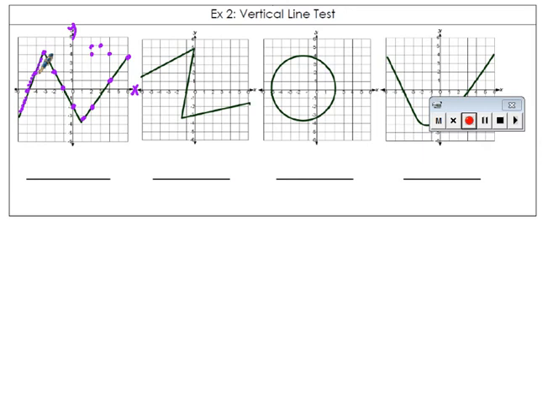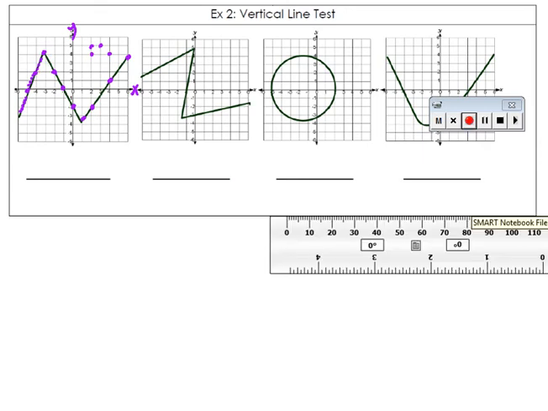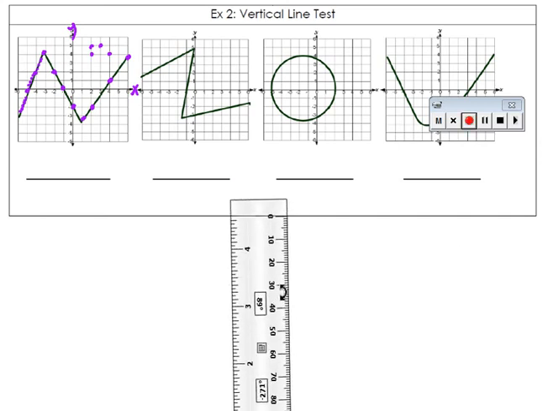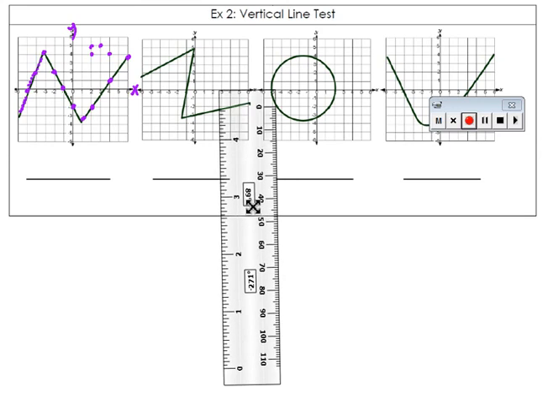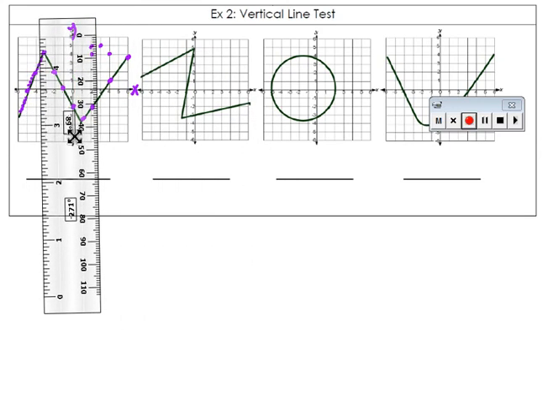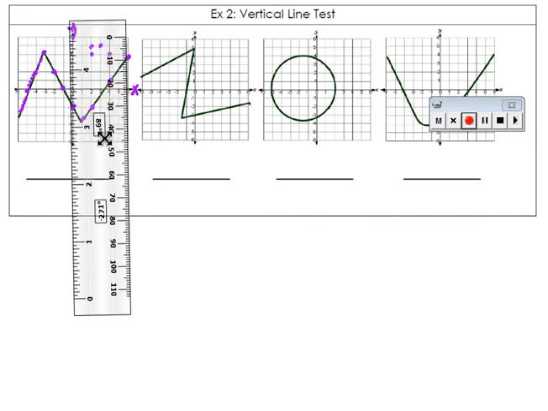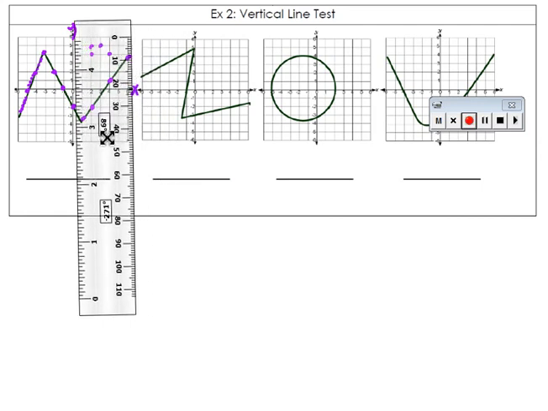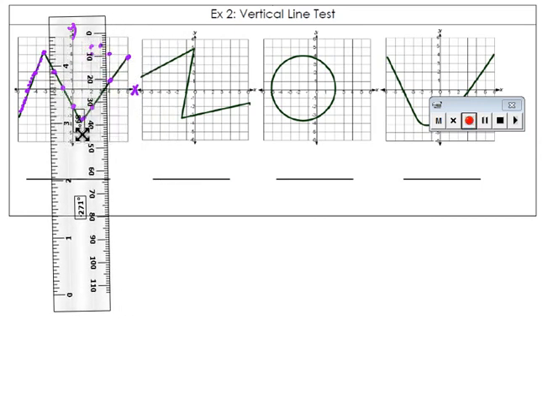The vertical line test will require you to pick up your pencil, make a vertical line with your pencil, and then carry your pencil around from left to right or right to left, and your pencil should be touching the graph at only one point at a time throughout the graph.